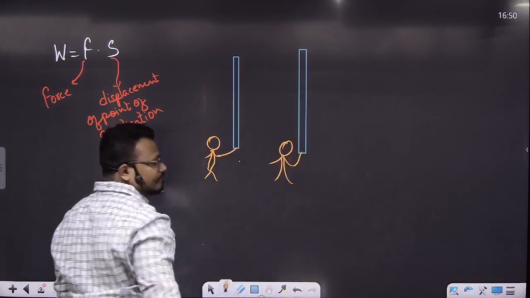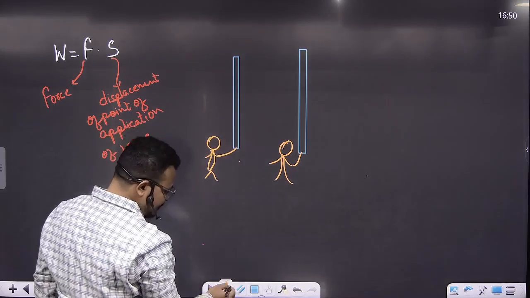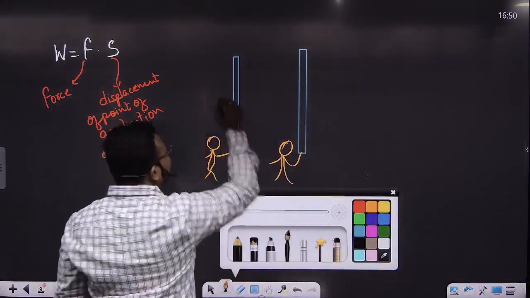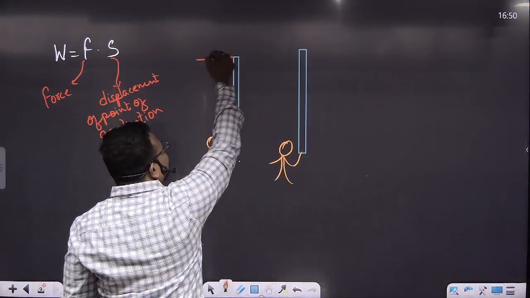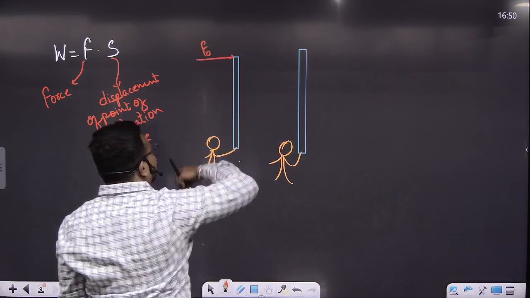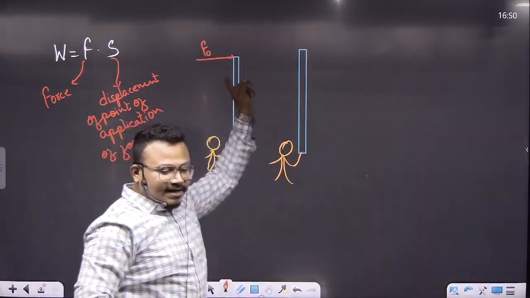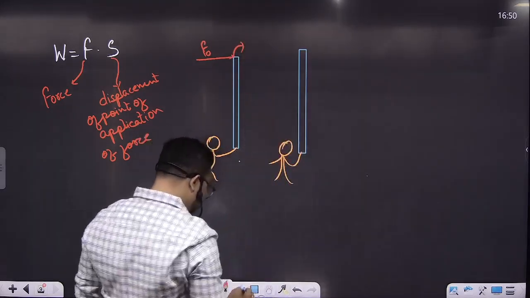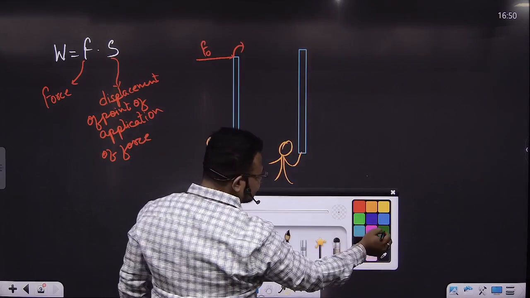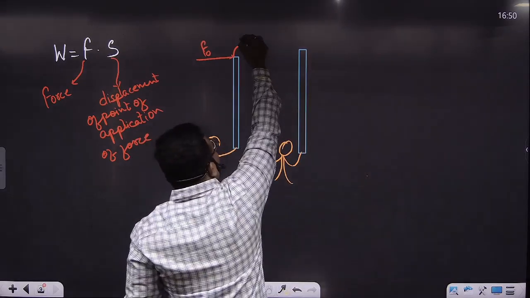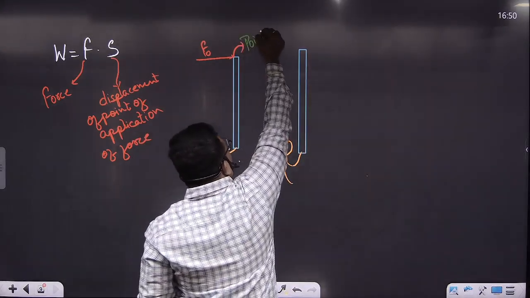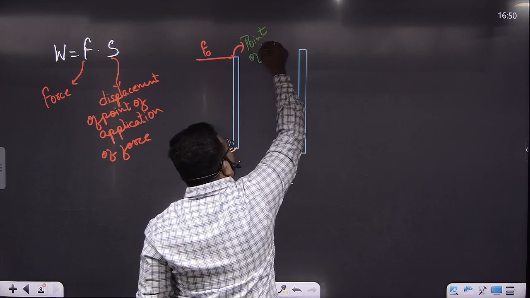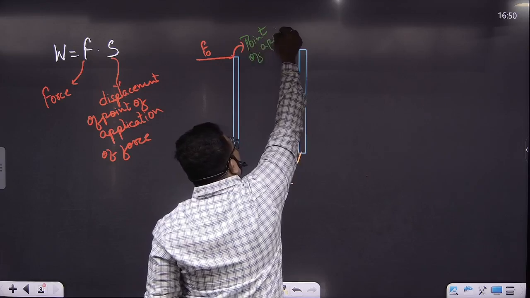And here F is applied, here F force is applied, like F force I am taking F naught. And this point is what? This can be said as the point of application.